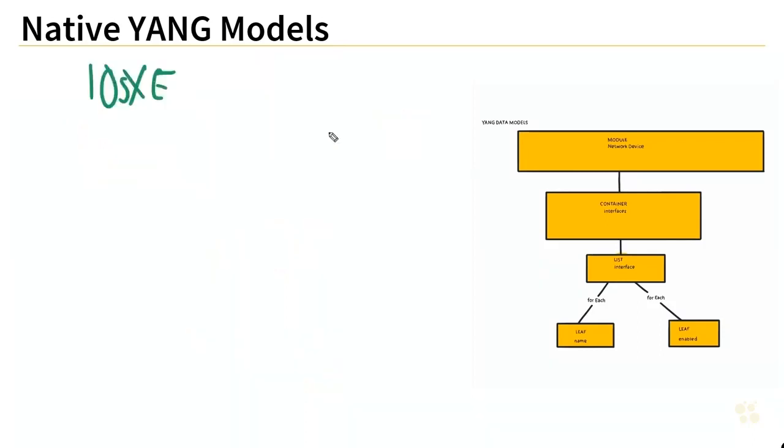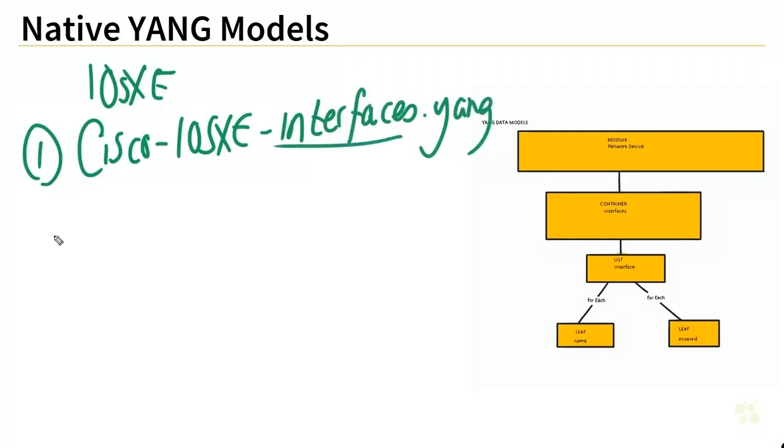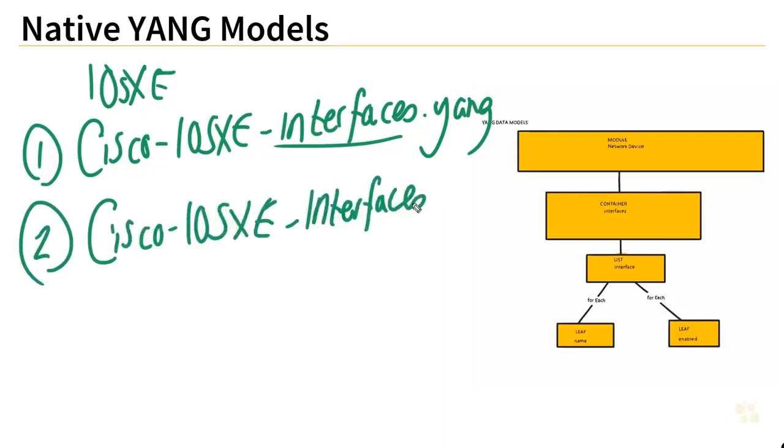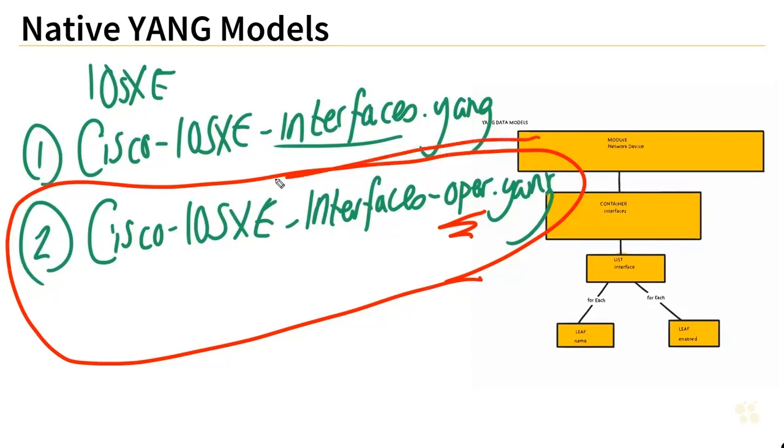So if you were looking to configure interfaces in the case of iOS XE, you would get a model called something like Cisco iOS XE, I can't remember if this is exactly the way it goes, but then it would end with interfaces.yang. And if you wanted the operational state of the interfaces, then it's going to be Cisco interfaces oper. Two totally different Yang models. So operational state, these are the models you would use for your streaming telemetry. And in the case of just configuring interfaces, maybe configuring a loopback, you would just use interfaces.yang.